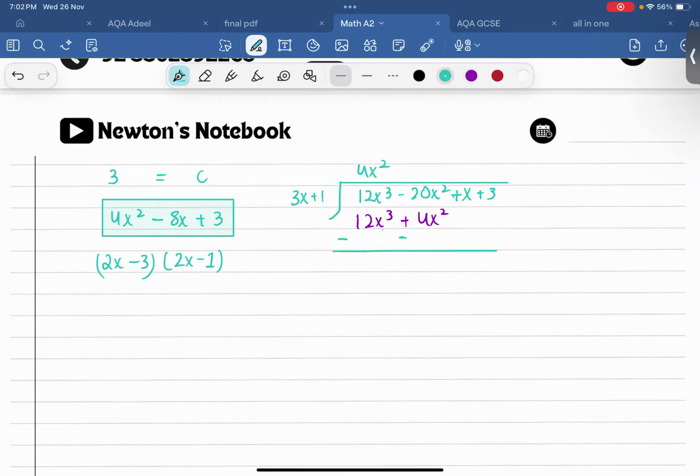Negative and negative, so this cancels out, and that becomes negative 24x squared. The rest will be shifted downward. Then inner first term divided by outer first term gives negative 8, because 24x squared divided by 3x is negative 8x.